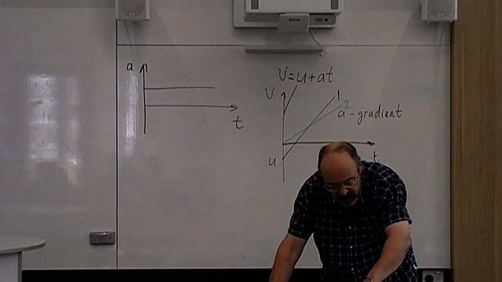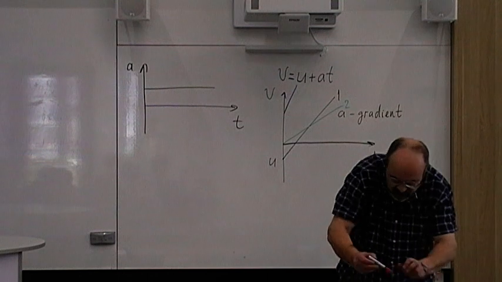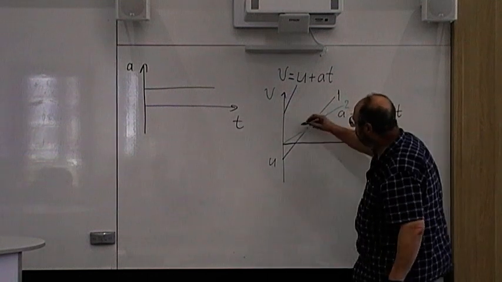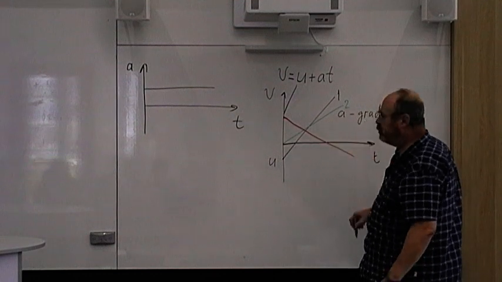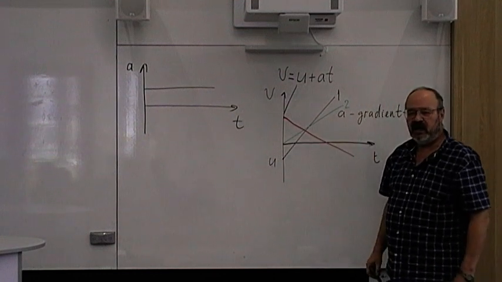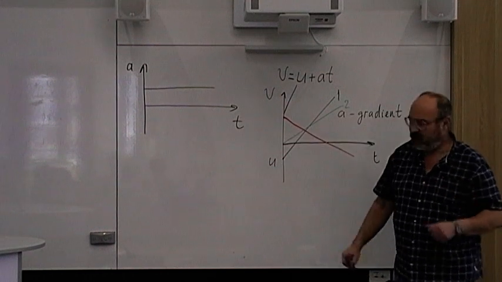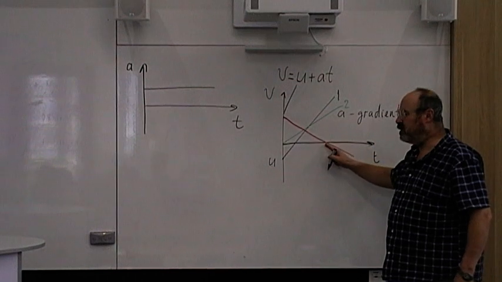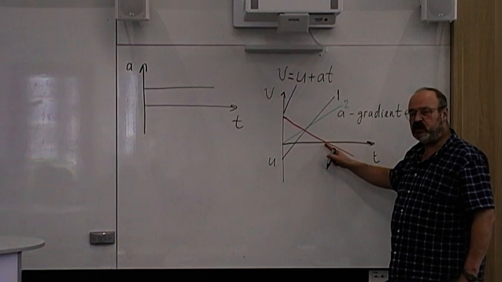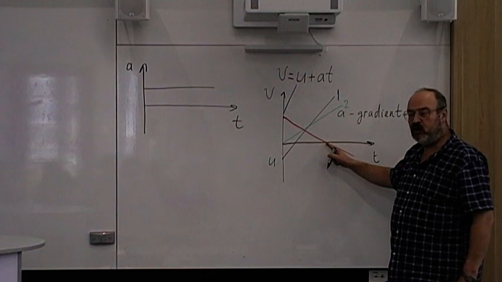Now, what happens in the next graph? It's going backwards. The velocity is slowing down. This object slows down until it momentarily stops. Then what happens at this point? It turns around.